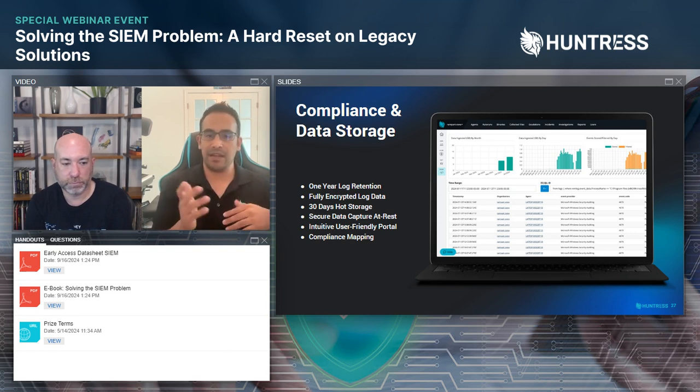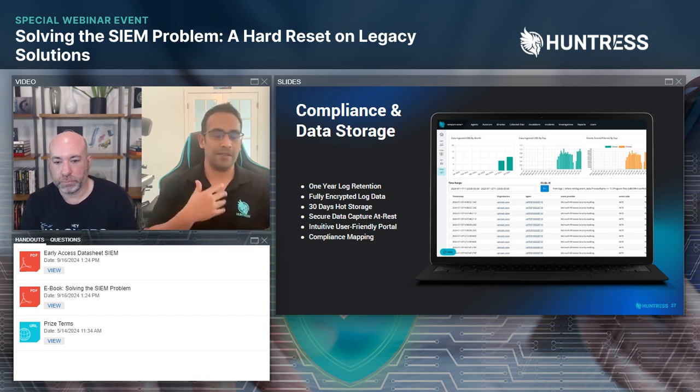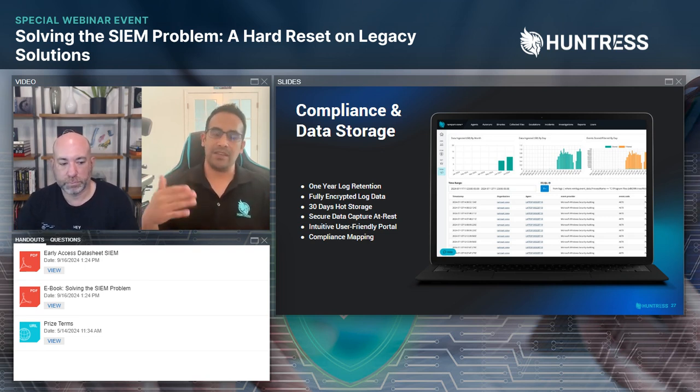And then we've got 30 days of hot storage, or short-term storage, which is really the searchable data. Again, most typical compliance requires at least a minimum of 30 days hot storage. So you'll have 30 days of rolling data that you can constantly search within the UI. Obviously, all the data is going to be encrypted, whether it's in transit or at rest. So we do encrypt that data and make sure that it's protected.